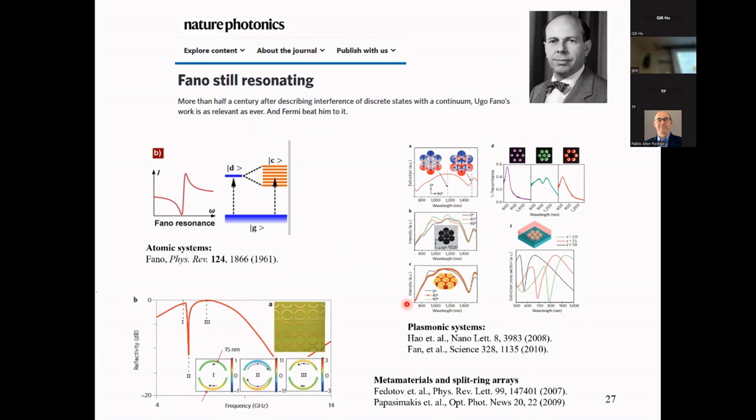So what is photoresonance? There's a very interesting article in Nature Photonics, "Fano still resonating." In 1961, the first paper looked at an atomic system where you can have a continuous state and a discrete state. If they interfere, they can create an interesting line shape, the so-called Fano resonance.